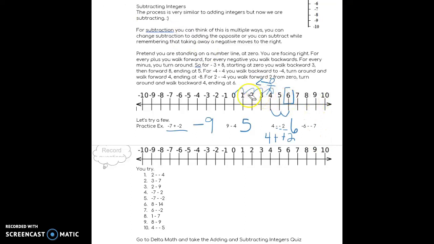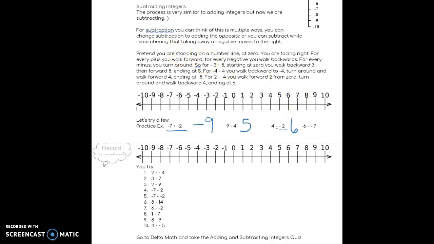All right. Get rid of my drawing on the number line here. All right, so I'm standing here at 0, and it says negative 6, so I'll walk backwards 6. And there's a minus, so I turn myself around. So now I'm facing towards the negative, and then it's negative 7, all right?